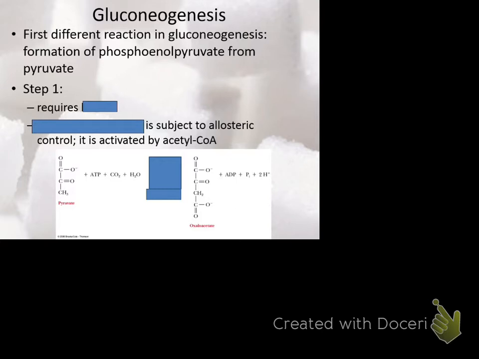Okay, so this is actually 2 different enzymes. This is the first step of gluconeogenesis. Okay? And so overall, it takes an ATP and it hydrolyzes it to ADP and inorganic phosphate. But what else is it doing? What's the difference between pyruvate and oxaloacetate?